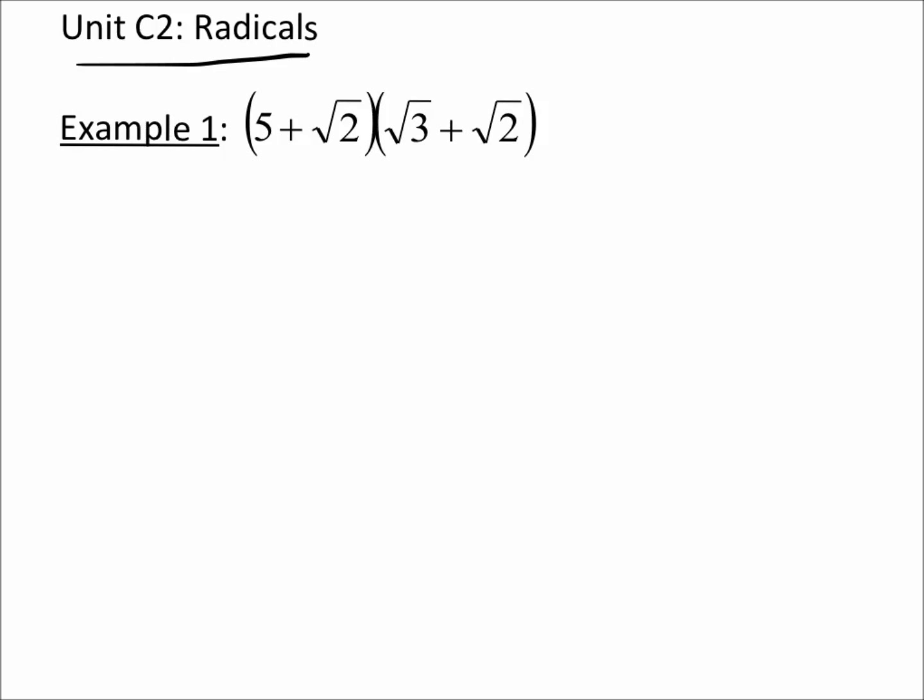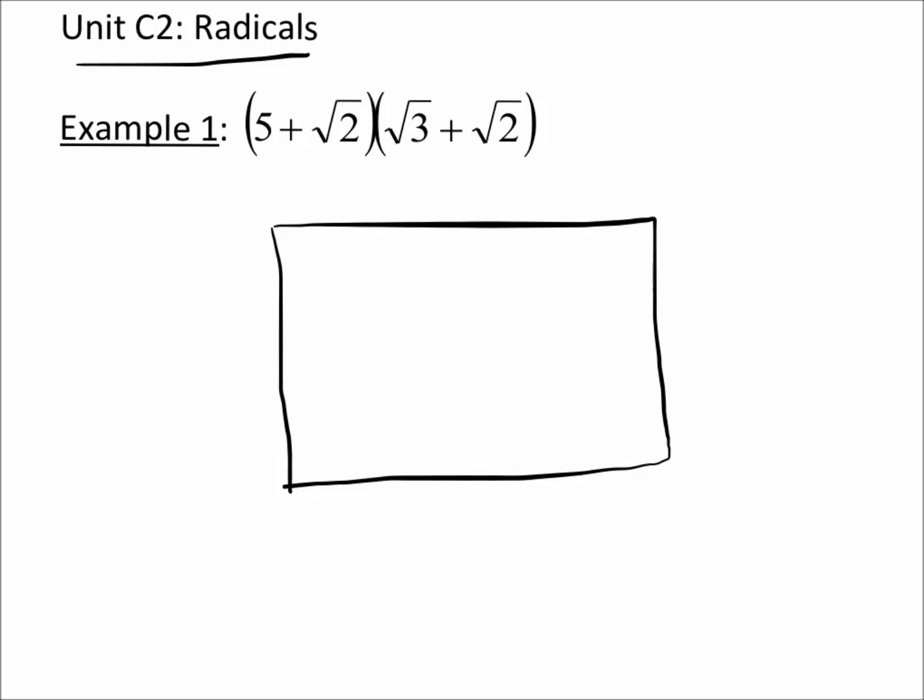So when we multiply, we're going to make a box just like we did with the polynomials. I'm going to draw out my box, and make sure that every part gets its own row or its own column.